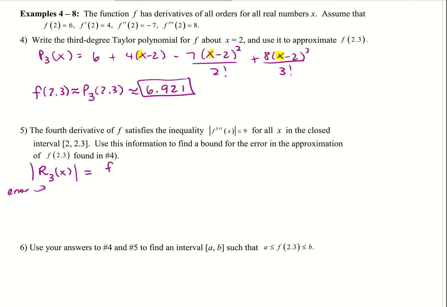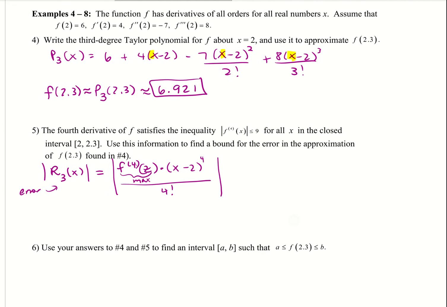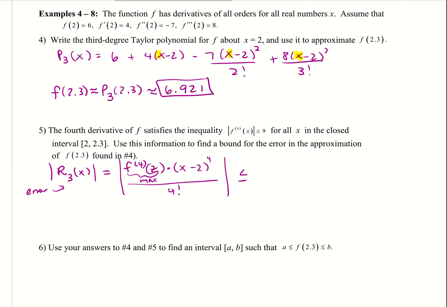So I'm going to be taking the fourth derivative evaluated at some value z. We're not going to know where z is. This is just representing the maximum of the fourth derivative. And then times (x minus 2) to the fourth power over 4 factorial, because that's how we write the fourth degree term. And I always want the absolute value of this. So this is the actual remainder. This will be less than or equal to the error bound.